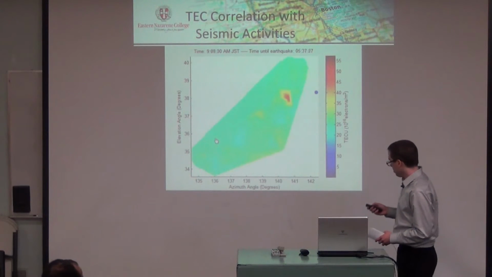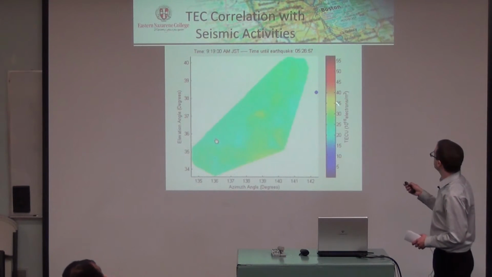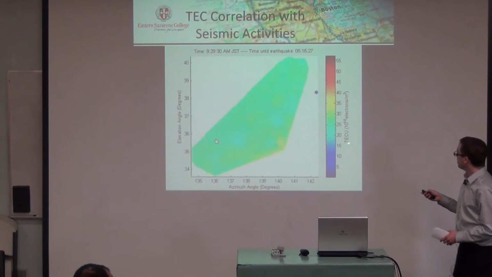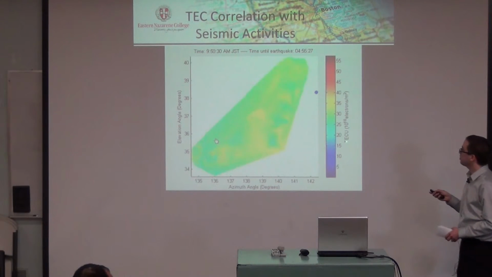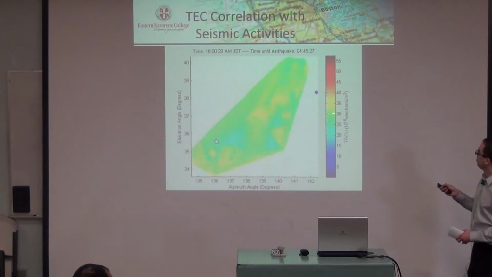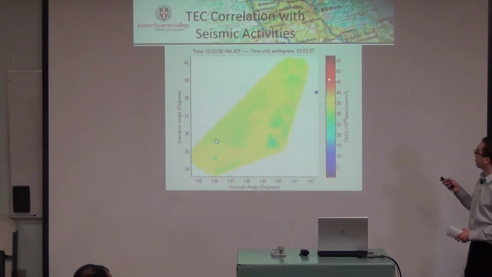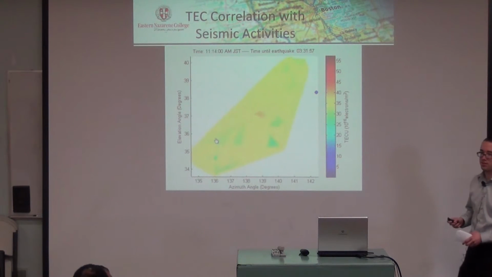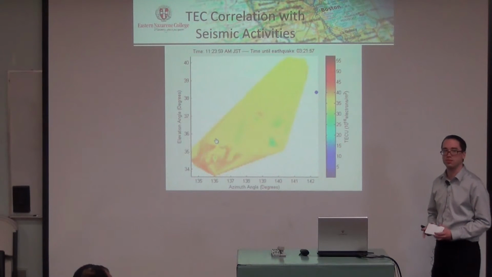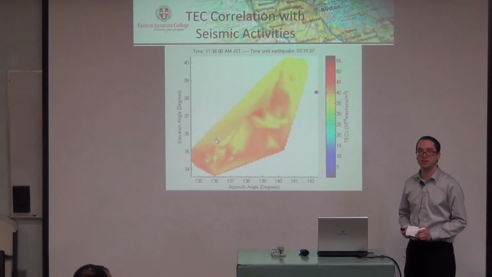Okay. What you'll see right here is this color bar. This is basically the value for the total electron content over here. You'll notice that it stays around in this region right here, like yellowish, which then goes somewhere up here, and then it goes somewhere down here, like after the earthquake, but it takes several hours before you actually see that process.